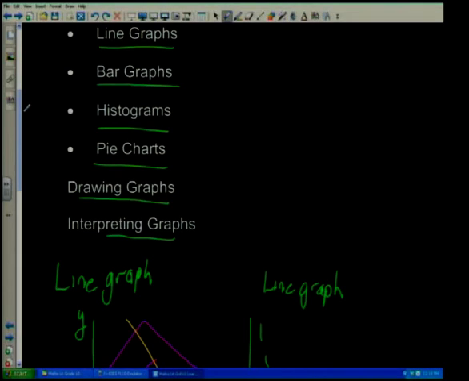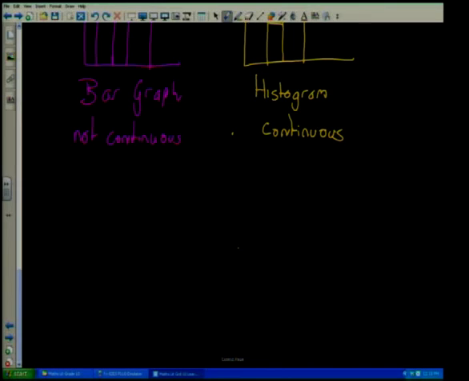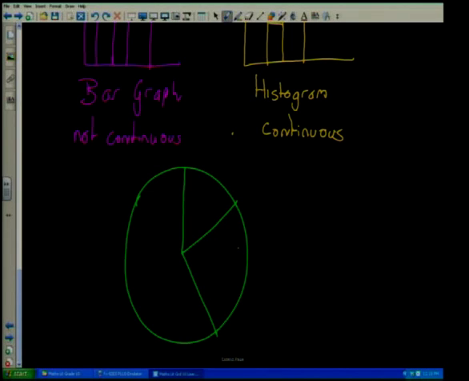And finally, our final graph, let's just go back and check. Our final graph was our pie chart. Our pie chart, remember, is parts of a whole. So our whole is the pie, and our parts are how we split up the pie.